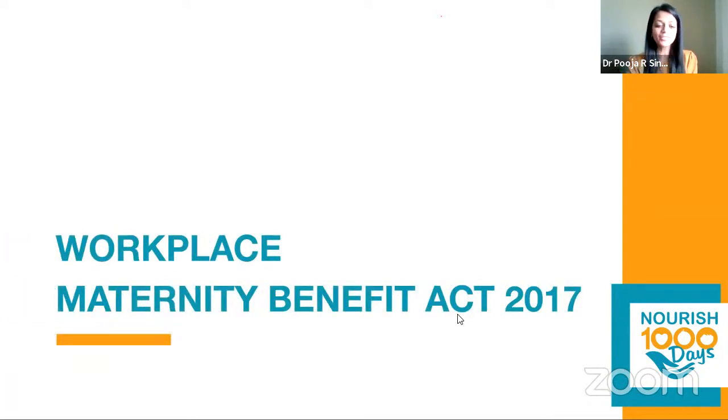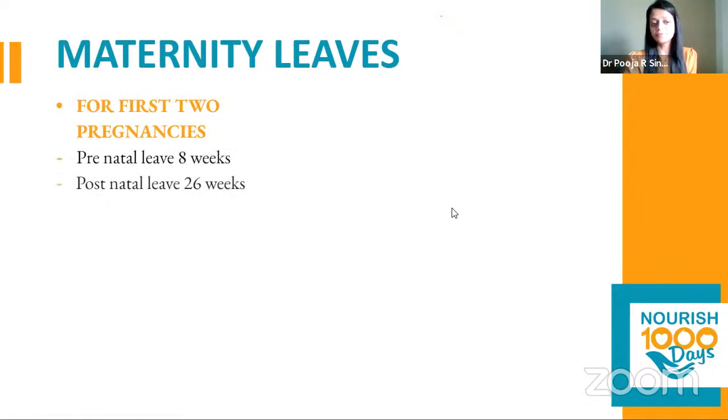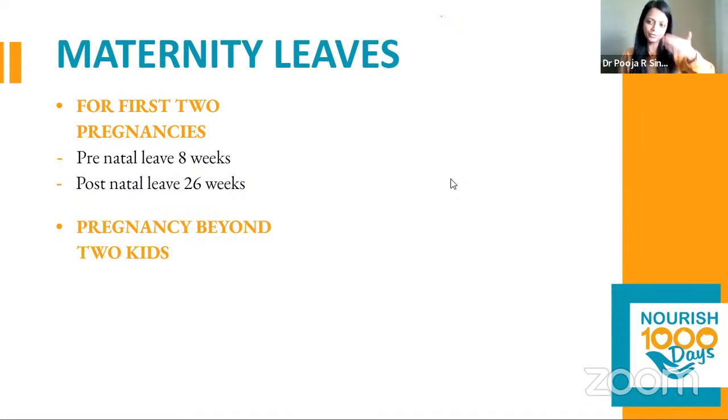So let's understand the Workplace Maternity Benefit Act 2017. This act was released, and it gives the benefit of a leave of about 32 weeks for the first 2 pregnancies. We say that often mothers like to utilize 8 weeks prenatally and 26 weeks postnatally.